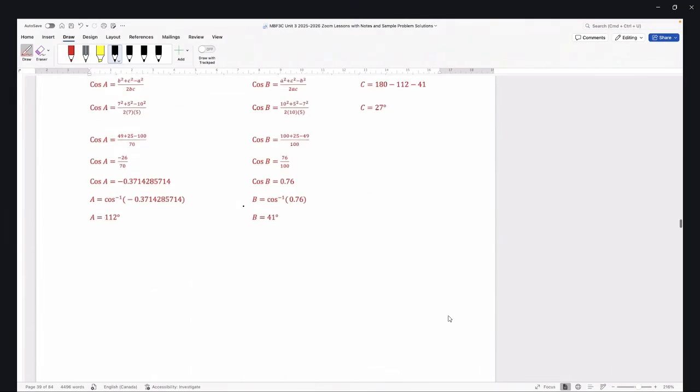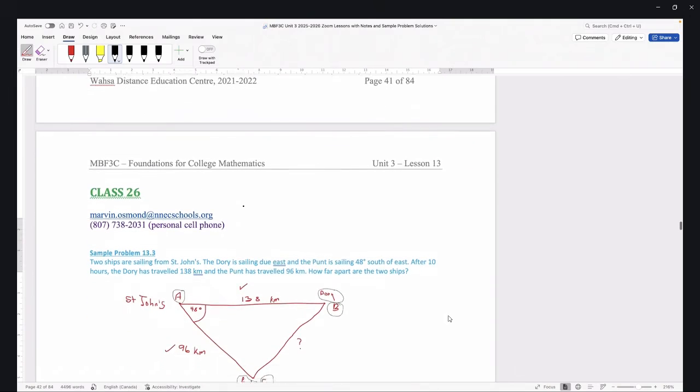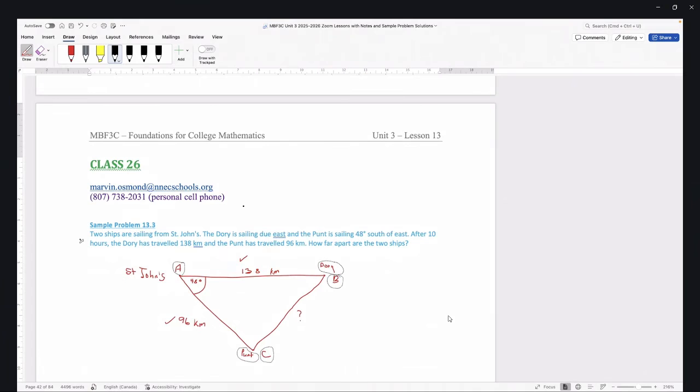You could have used any letter you want. You could have picked X, Y, Z, P, Q, R. Doesn't matter as long as you know how to get the right letters in the right spots in the right formula.